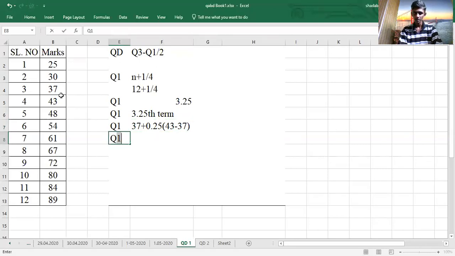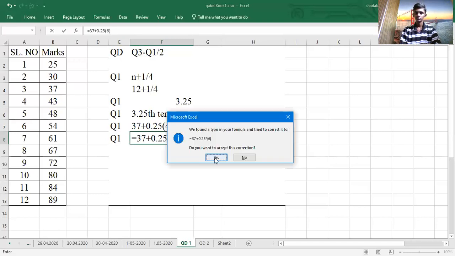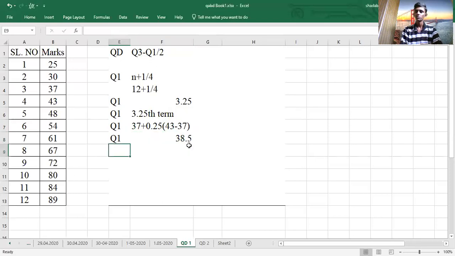So Q1 equals 37 plus 0.25 times (43 minus 37, that is 6). You will get 38.5. This will be your Q1 value.